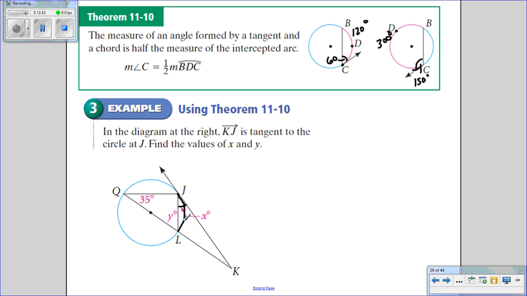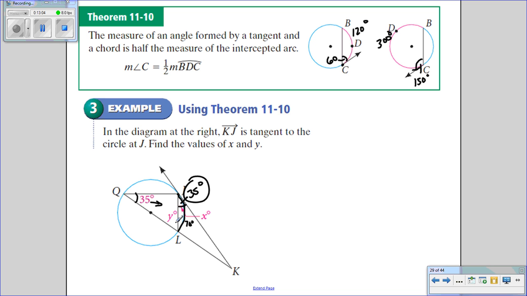Well, this arc is also intercepted by this inscribed angle. So how do I go from an inscribed angle to an intercepted arc? We're going to double it. So this would be 70 degrees, which means this angle is back to half of that, 35 degrees.